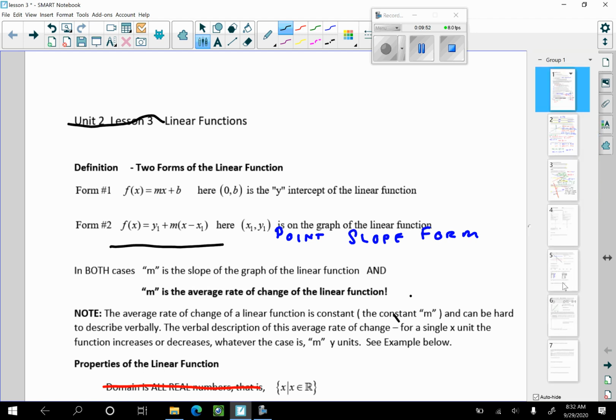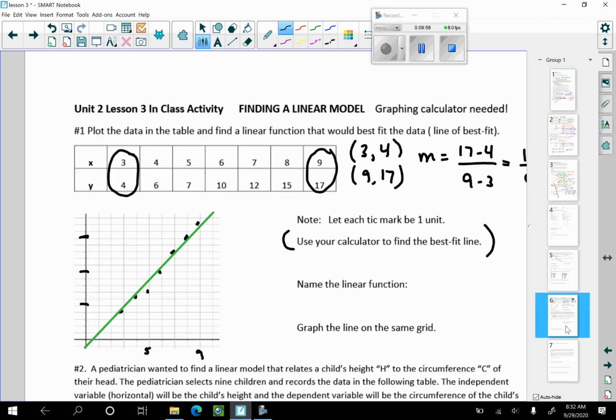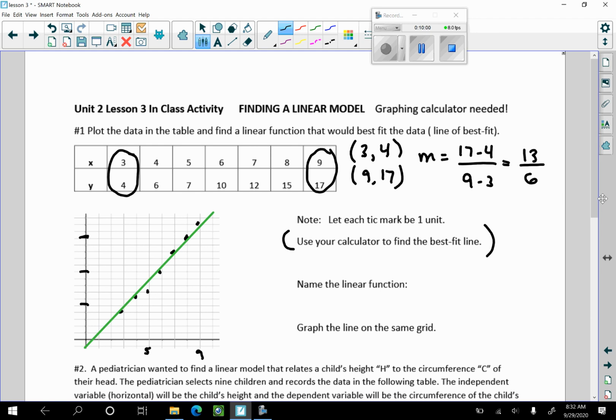I'm down here at the activity. I believe I'm here. And I am. Okay, let's see. 17 minus 4 is indeed 13. 9 minus 3 is indeed 6. So I want the linear function, and I'm going to use point slope form.